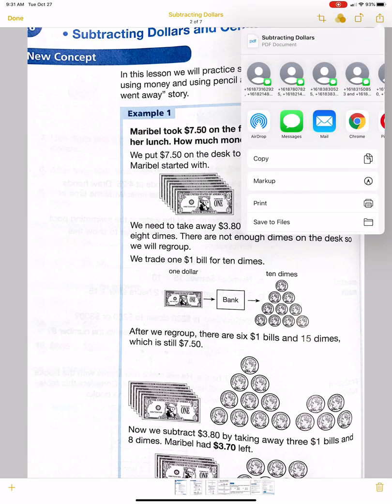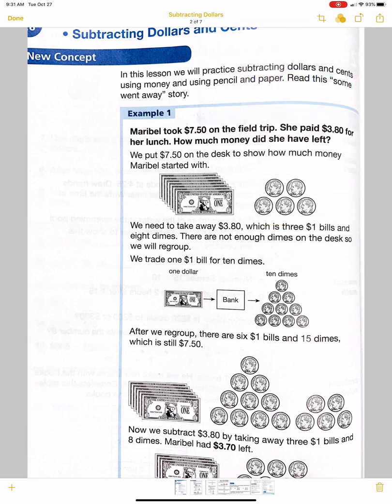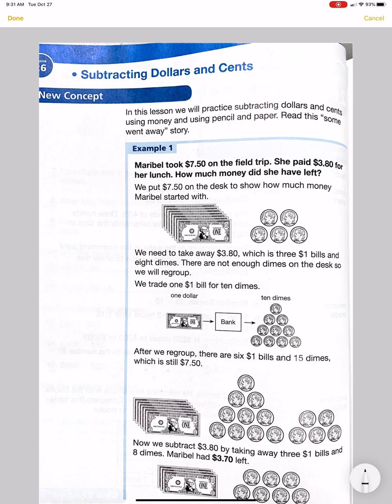Here is our first example. Maribel took $7.50 on the field trip. She paid $3.80 for her lunch. How much money did she have left? So this right here shows $7.50. And we need to subtract what? $3.80.